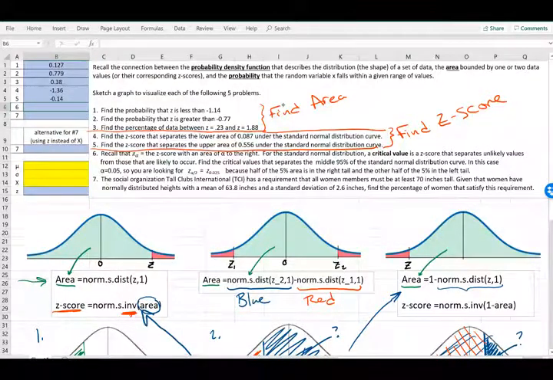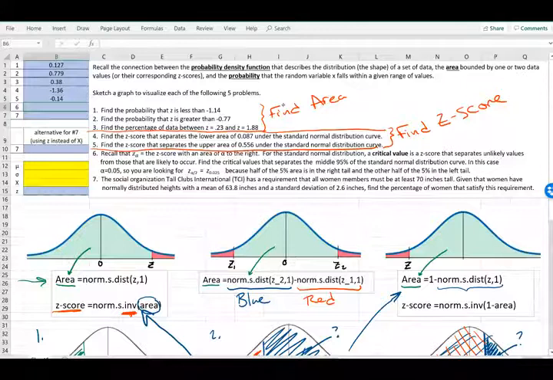Okay. Number 6 is regarding critical values, and I talked about these in my notes and my video lecture on this section. So z alpha, z with a subscript of alpha, is the z-score that separates the upper area of alpha. Now alpha is going to be given.